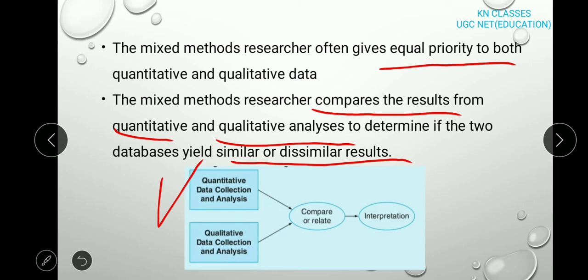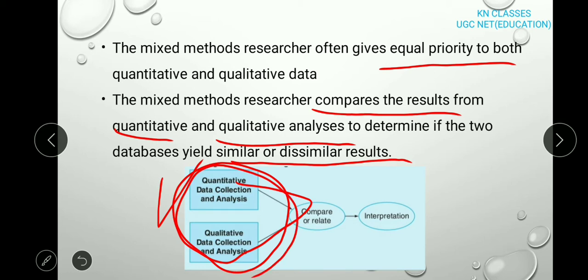In this triangulation method, both quantitative and qualitative data are collected simultaneously, at the same time, and after collecting and analyzing both types of data, they will be compared, and the researcher will interpret the data.